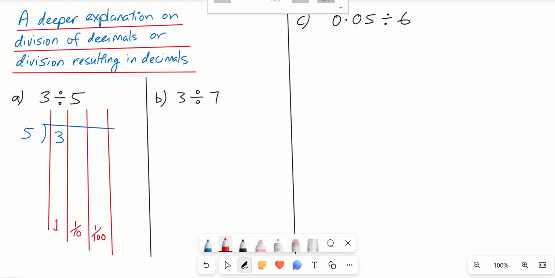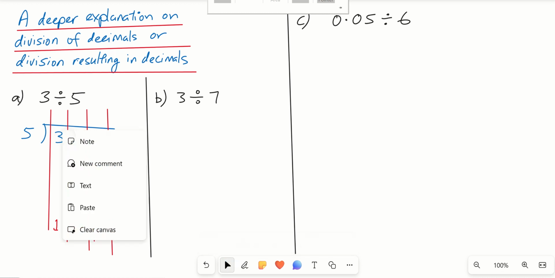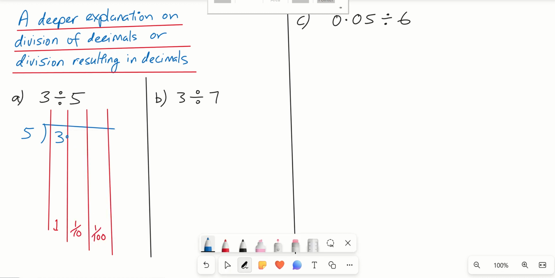Now, to separate the ones column from the 1/10 column, we'll put a decimal point over there. So naturally, all the columns after 3 are filled with zeros because there is no digit or no value in those place value columns for a start.